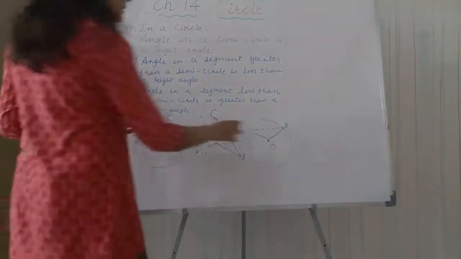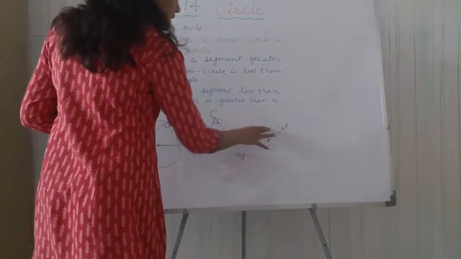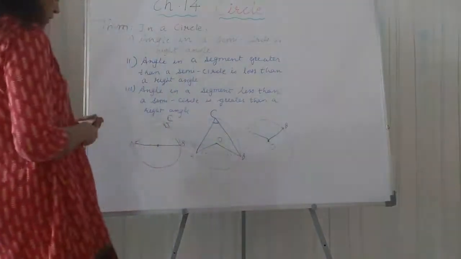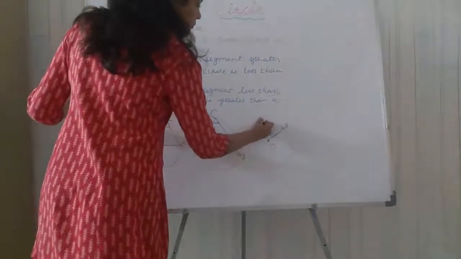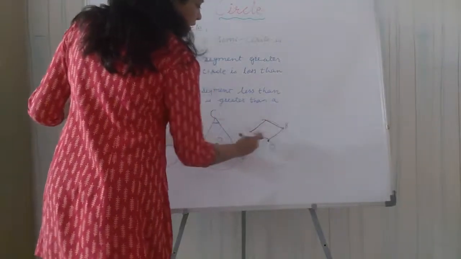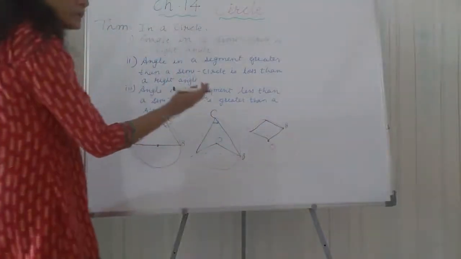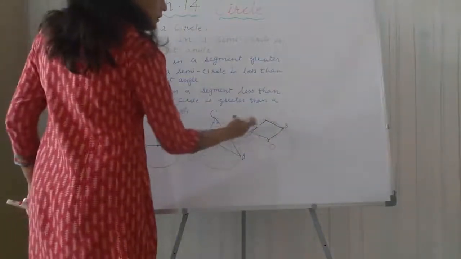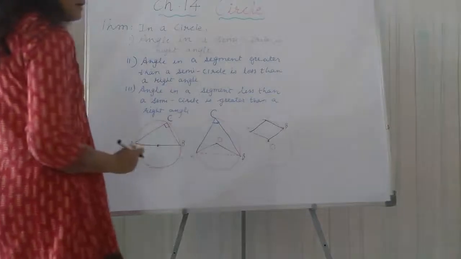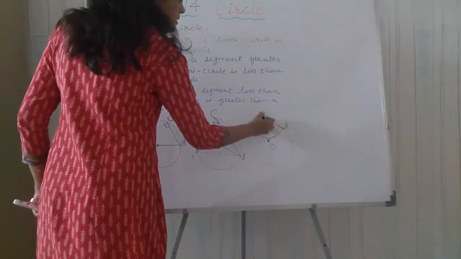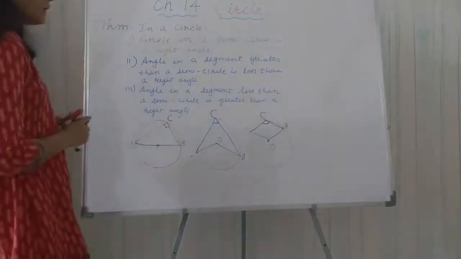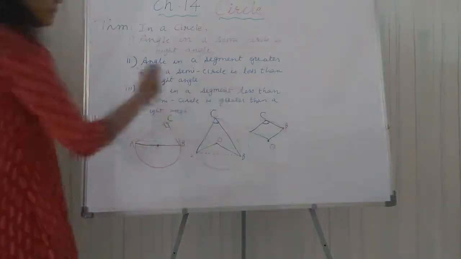So in that segment, I am just cancelling this because I want to show an angle here. This is the angle I am forming in the smaller segment, which is less than the semicircle. Suppose here I write C. So that angle is always greater than a right angle.